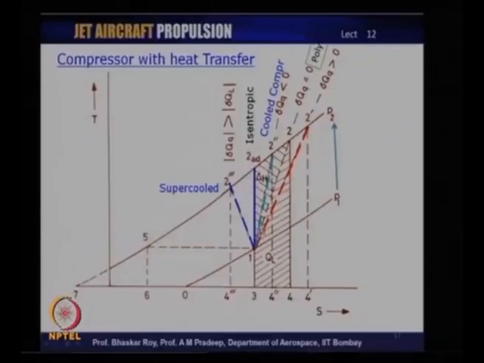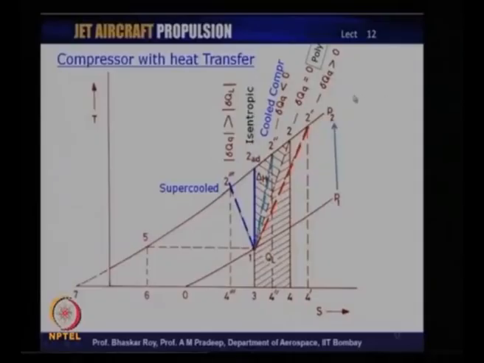On the other hand, the red line 1 to 2 is the polytropic process, where heat transfer across the process is still 0. So, it is a polytropic process where there is no heat transfer. Isentropic process of course has no heat transfer anyway.